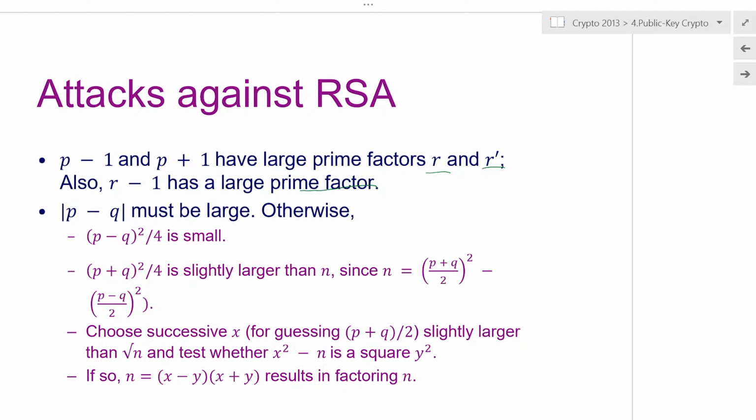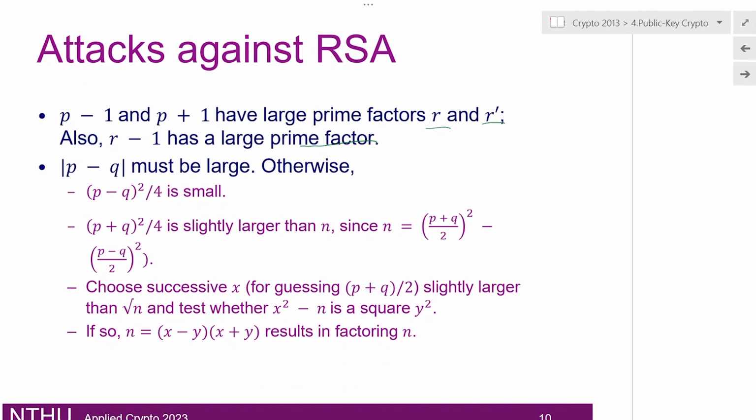The other one that I actually want to discuss a little bit further is the second attack over here. This is a little bit more interesting. So what it says is that when you choose a P and Q, then the difference between P and Q must be large. What does that mean?